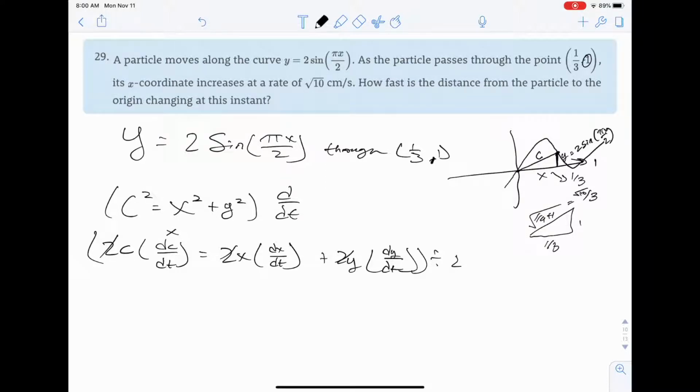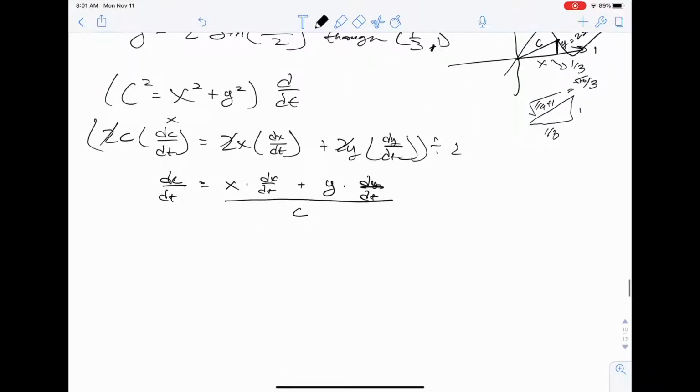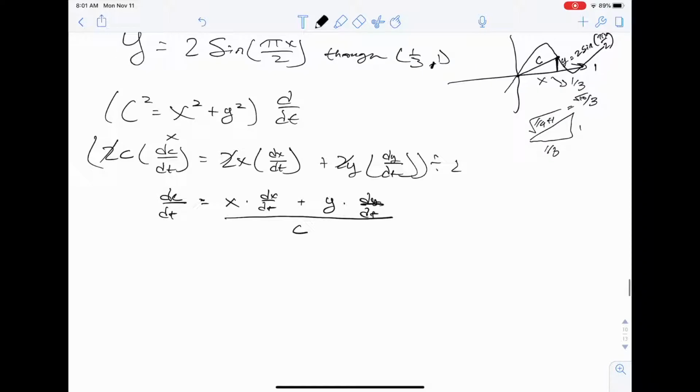So let's make this by itself: x dx/dt plus y dy/dt, all over c. Alright, so next we can input the stuff we know.